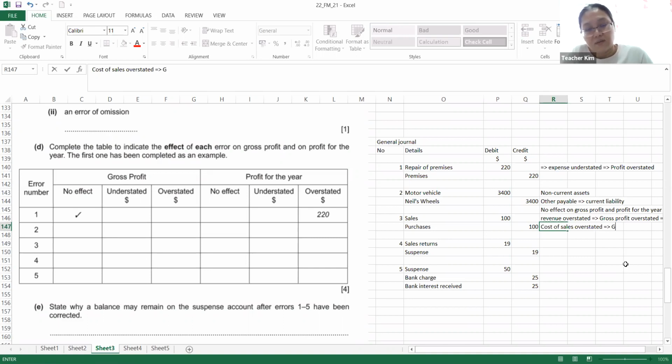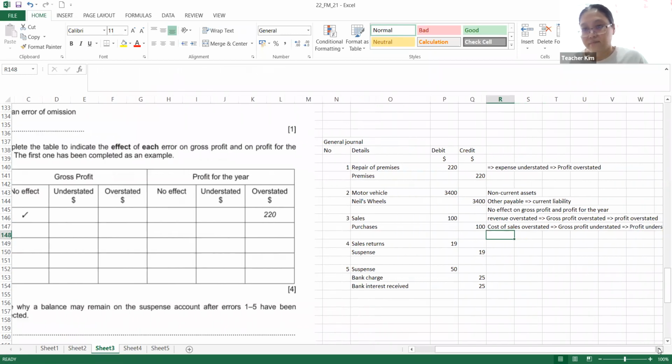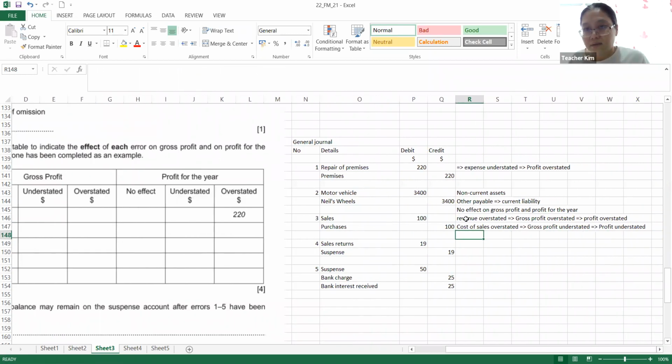Then our gross profit understated. Gross profit understated. Profit understated. One increase, one decrease. Gross profit over, gross profit under.